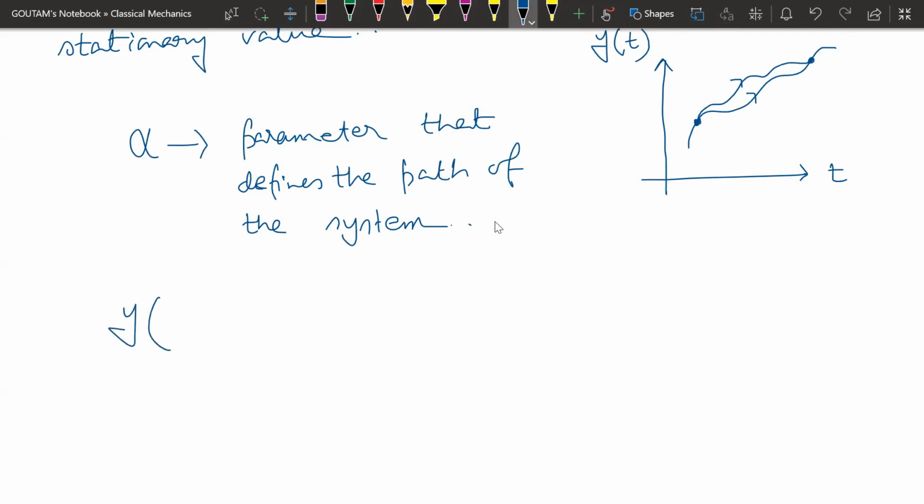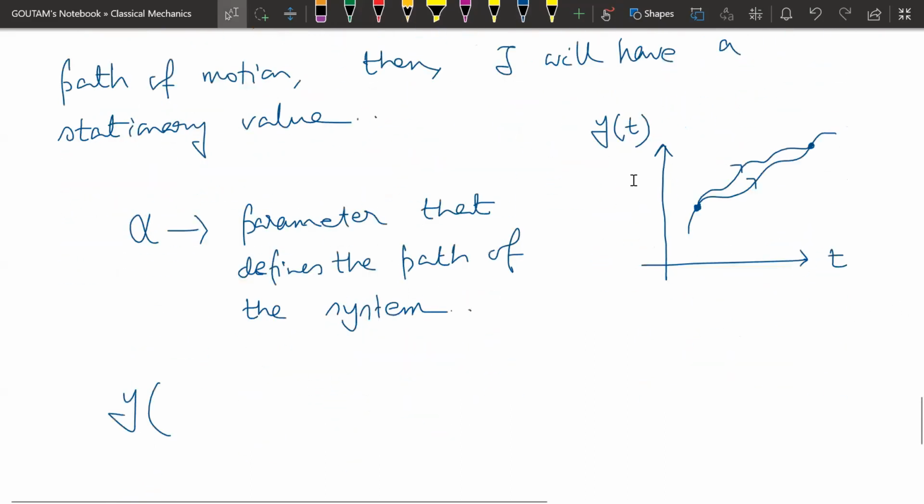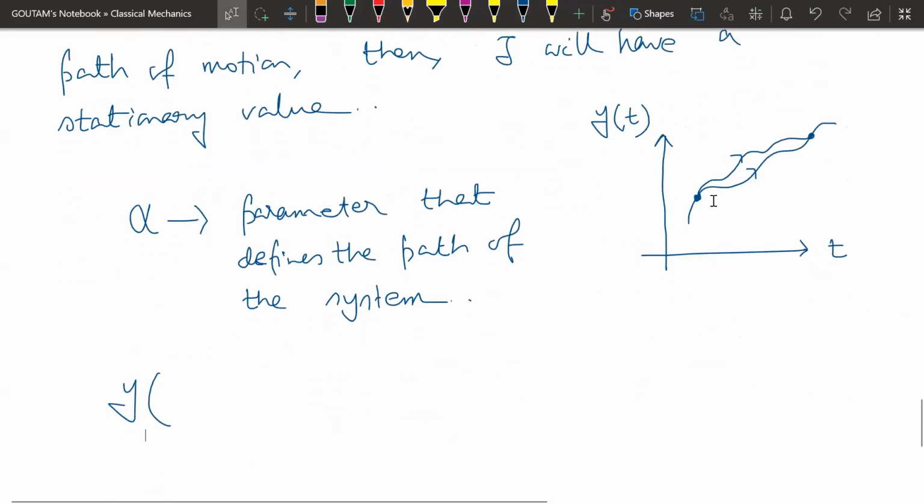So y is basically the path. It can be any path. The particle can go from this point to this point.